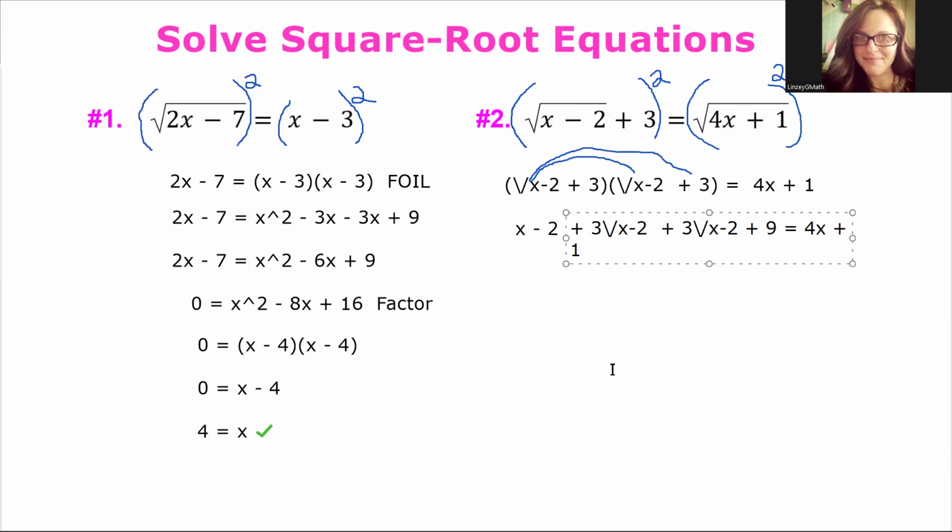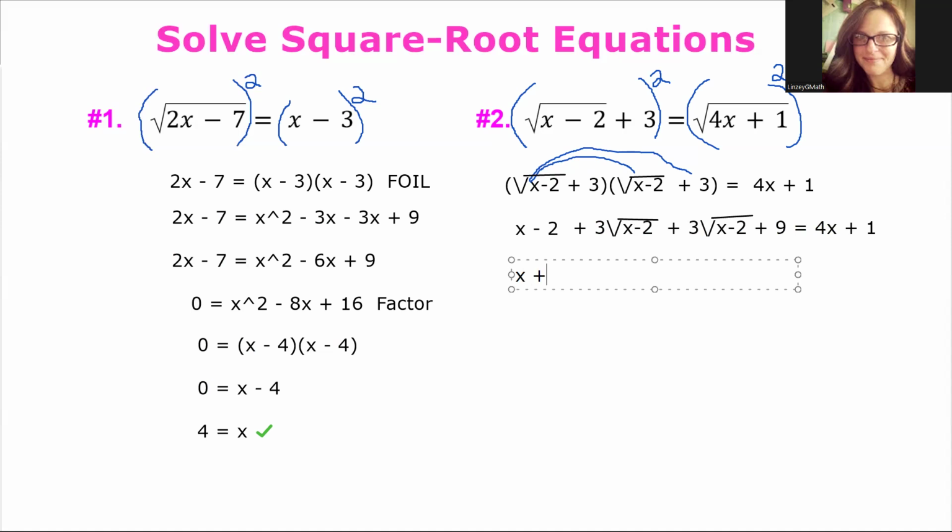All right, now we have some like terms that we can combine. We can add 3 square root of x minus 2 plus 3 square root of x minus 2, and we get plus 6 square root of x minus 2. We do also have minus 2 plus 9, so we get plus 7.